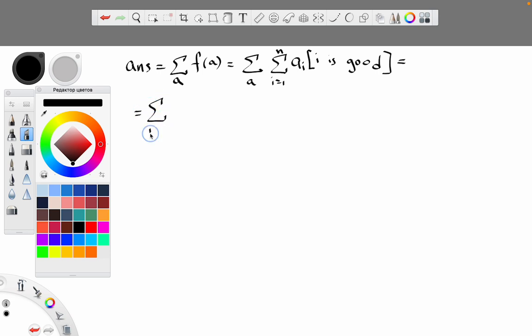Exchange these two sums. So for all the indexes from 1 to n, well, this is dependent, okay. Take the sum over all arrays of the element on position i if i is good.